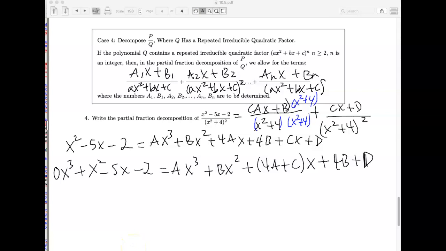Alright, so still equating those coefficients, these are the exact same, so that means a has to equal 0. B would equal 1. And 4a plus c is negative 5. And negative 2 is 4b plus d.